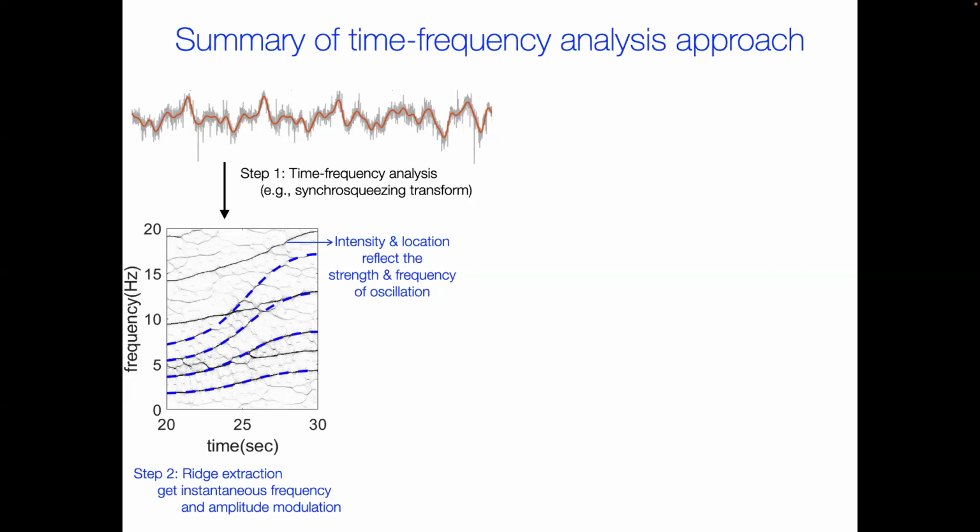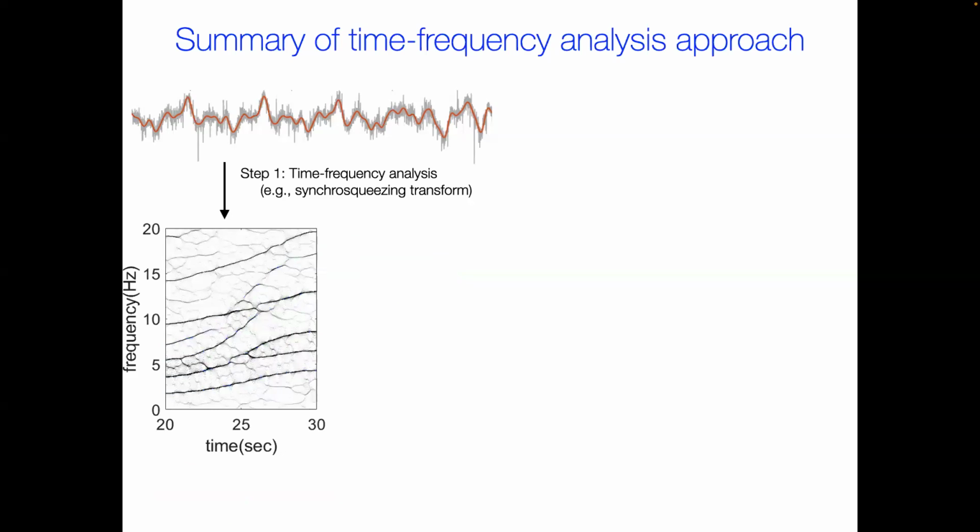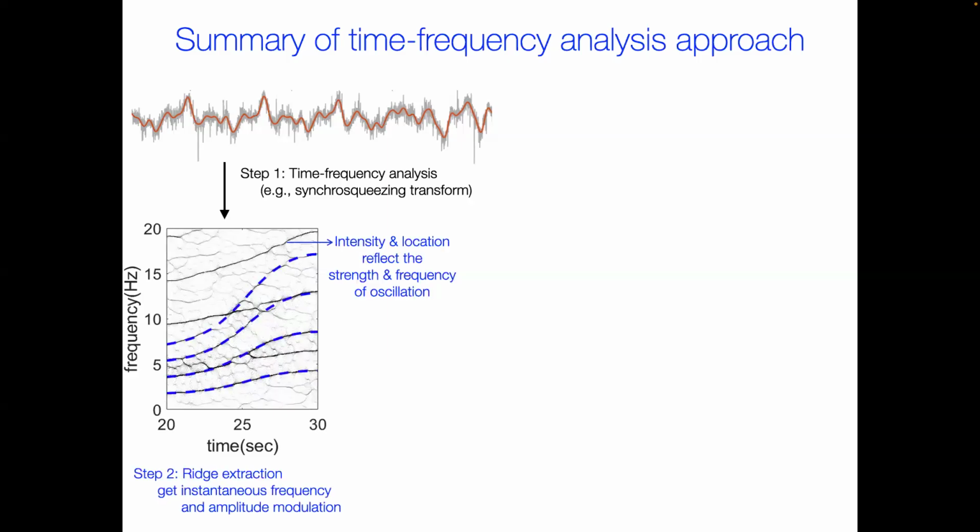I will go through the path of extracting ridges. What is a ridge? That's what I will introduce. But what I show you here is the blue dashes. Those dashes are the ridges that you can visually identify. That is how ridge extraction looks.